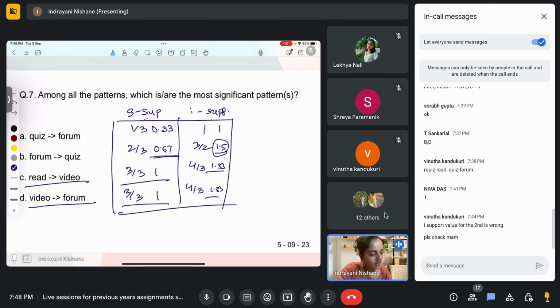So forum plus quiz is not observed for all students, whereas these two patterns, read to video and video to forum, are observed for all the students with I support greater than 1.33. So the correct answer seems to be C and D: read to video and video to forum.